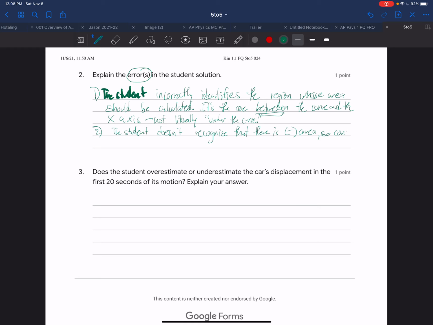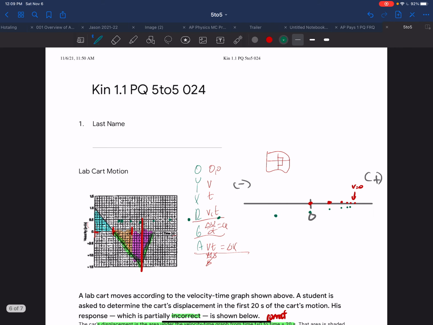So concludes that all displacement is positive. Next question, does the student overestimate or underestimate the car's displacement in the first 20 seconds of its motion? Explain your answer. Well, let's see.